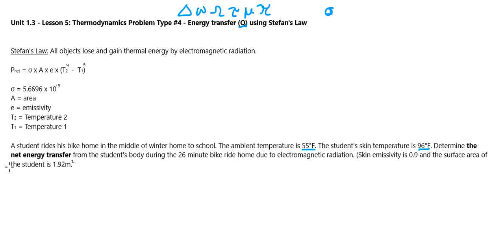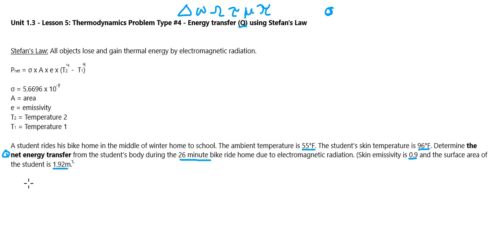Determine the net energy transfer by using Q, that's what we're trying to find, from the student's body during the 26-minute bike ride home due to electromagnetic radiation. Takes us back to Stefan's Law. Skin emissivity is 0.9. The surface area of the student is 1.92 meters squared.